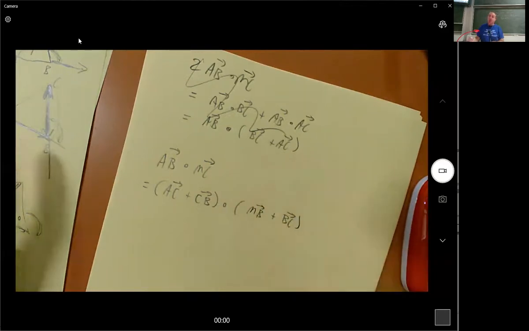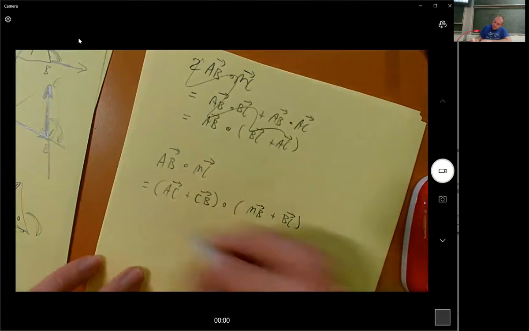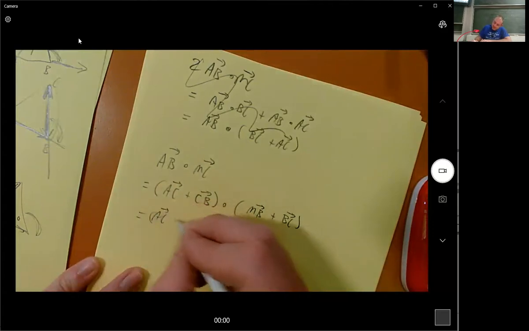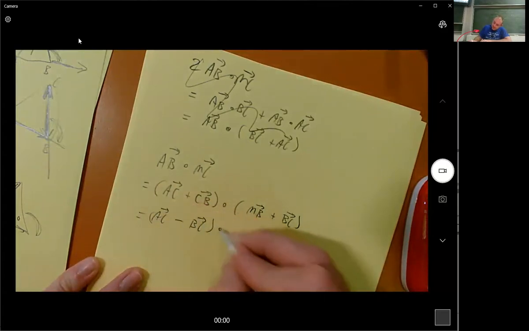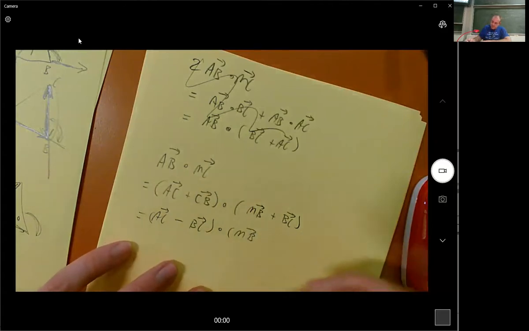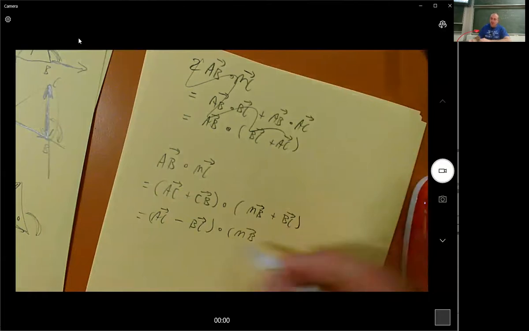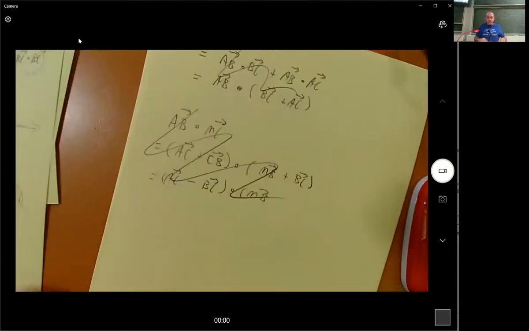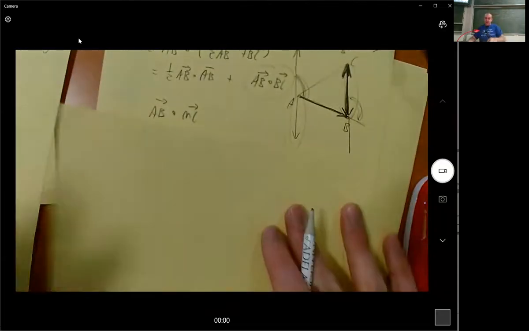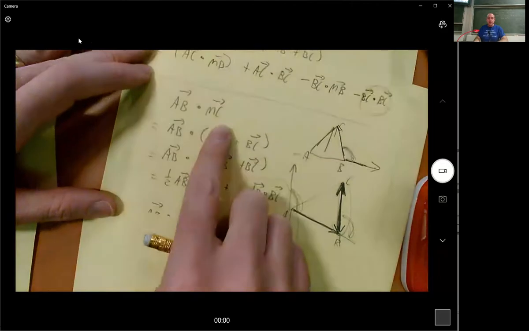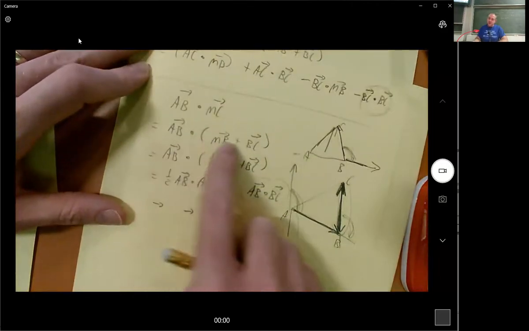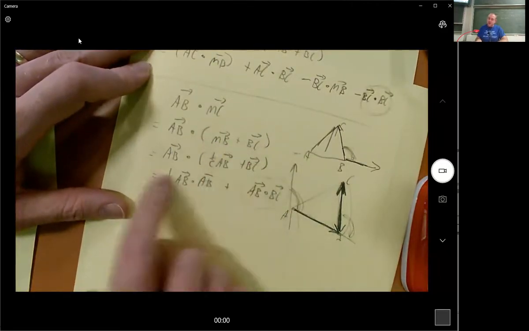I know this is what I was trying to do before, but just bear with me. That's AC minus BC, with a half of AB along the way. I'm just going to run with this proof and continue from where I was. I had this thing before, AB dot MC is AB dot MB plus BC, and that's half of AB, and I ended up here.